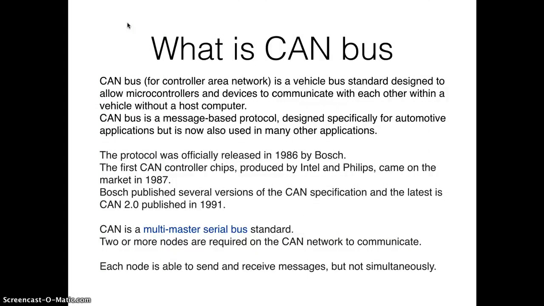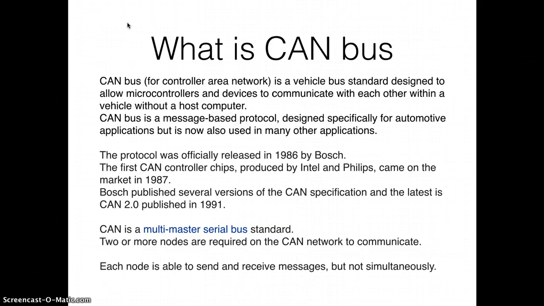The CAN bus is actually invented as a vehicle bus standard to allow microcontrollers and devices to communicate with each other without a specific host computer, but from one master device to another. CAN is built around a message-based protocol that was designed specifically for automotive usage.